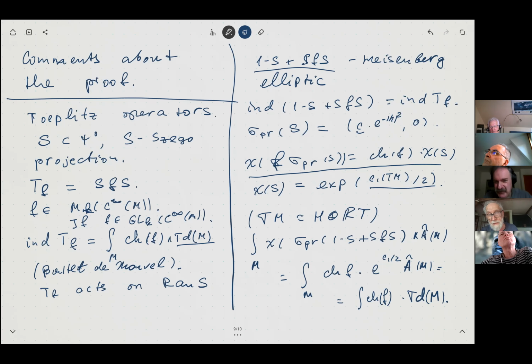Yeah, so hopefully. But of course, it's very important to have the formula. So okay, that's fine.